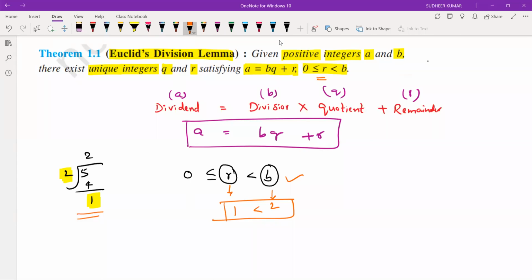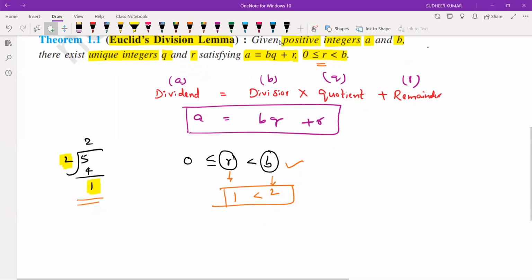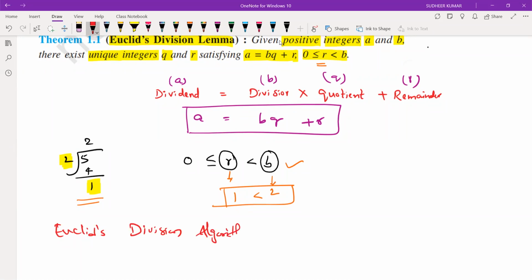Now, Euclid's division lemma and Euclid's division algorithm we will use in this concept. What is the difference between these two? Both may seem the same.